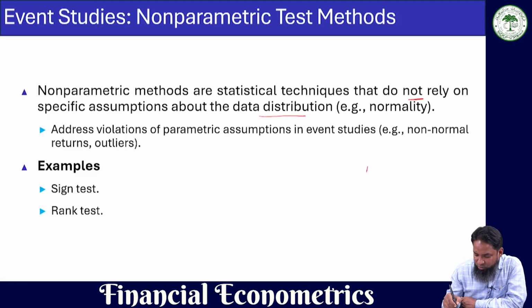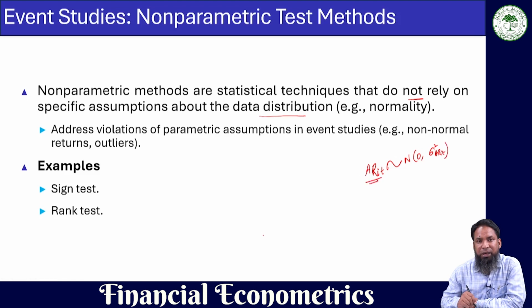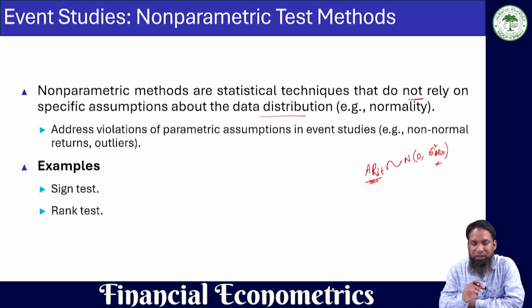If you may recall, we assumed that the abnormal returns follow a normal distribution with mean 0 and a certain variance. However, in the non-parametric case, we do not make any such assumption.